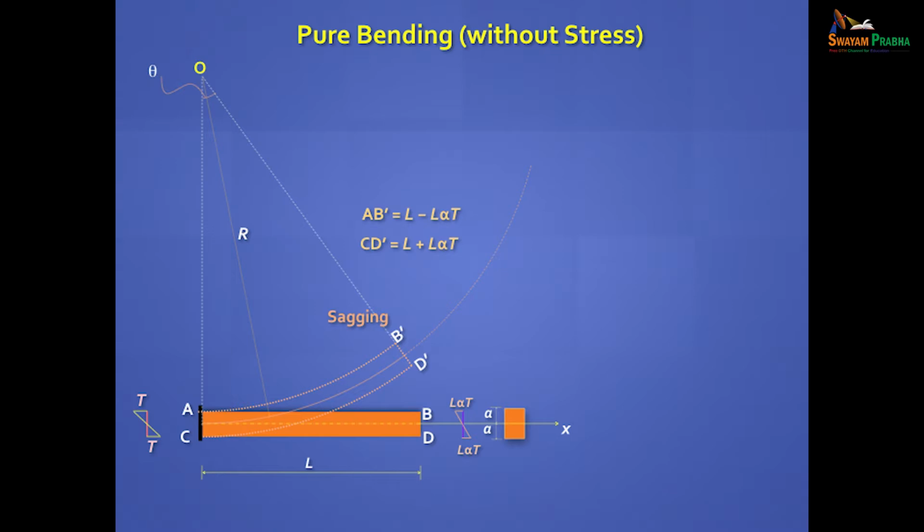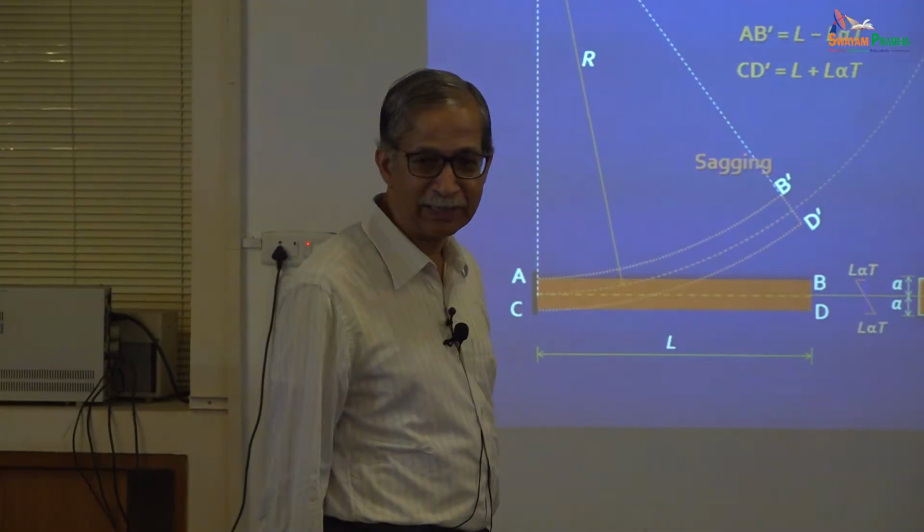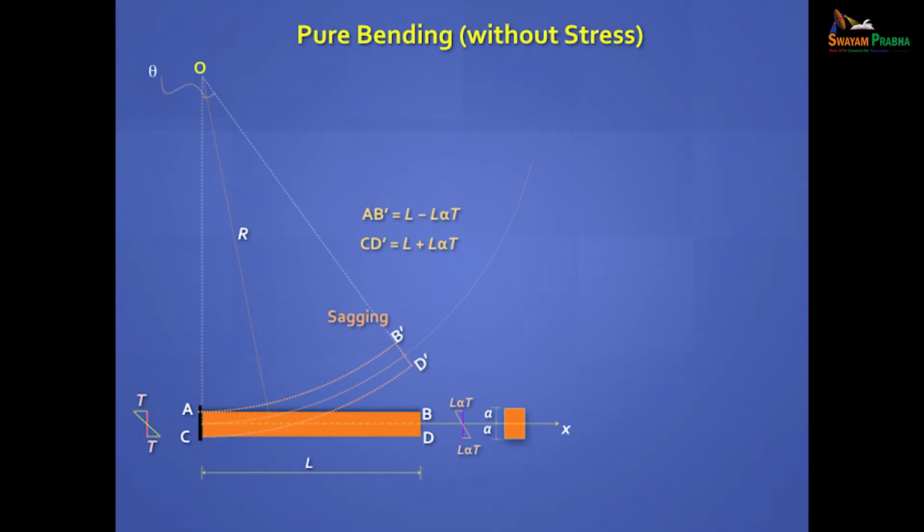And you're told that the depth of the beam is 2a. With this information, can we work out an expression for the radius of curvature? What's the answer you got? Okay, the answer can be derived very easily. The tangent drawn at any point on the beam will be perpendicular to the radius at that point.